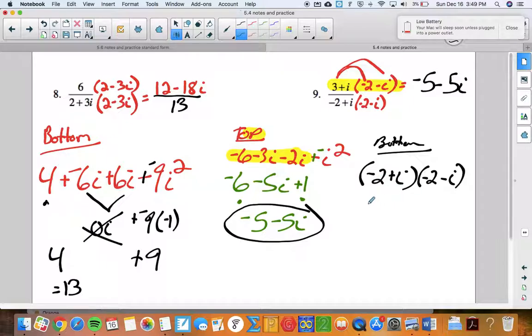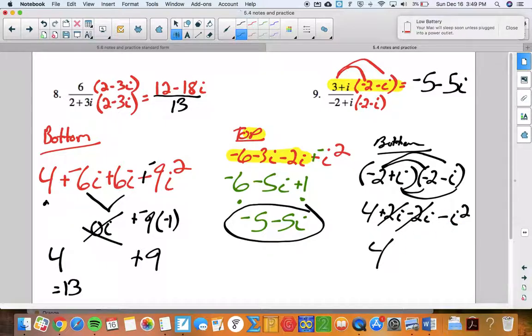So here we get 4 and positive 2i. Here we get negative 2i and negative i squared. Notice the i's cancel out or become 0i. We don't need to write that down. And the negative i squared is actually positive 1. So we get 4 plus 1, which is 5.